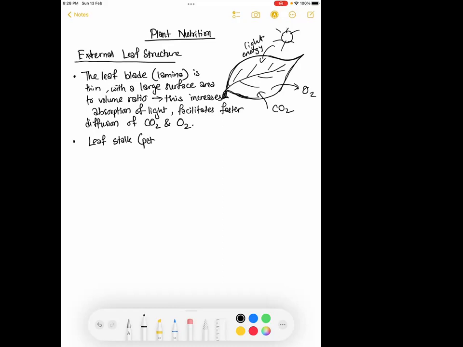Also known as petiole. What does it do? It holds the leaf away from the stem so that the leaf can get more sunlight, right?